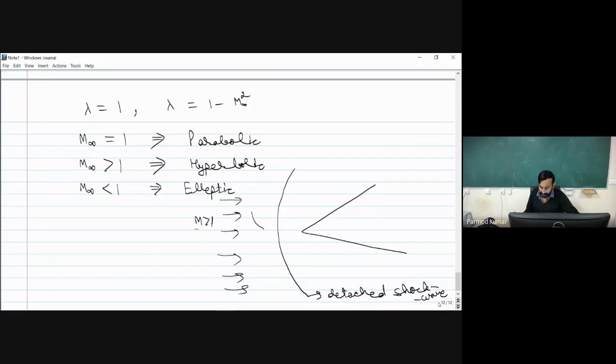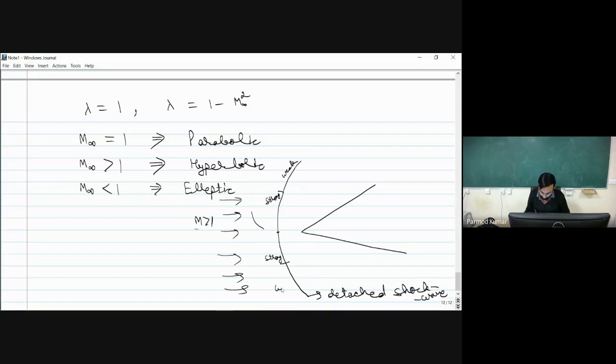So now you can see in this detached shock wave, in the closer zone it will have very strong influence, and away from that its influence will slowly decrease. Similarly, on this side also, we will have strong influence in the zone close to the wedge section, and in the far field its influence will become weak.